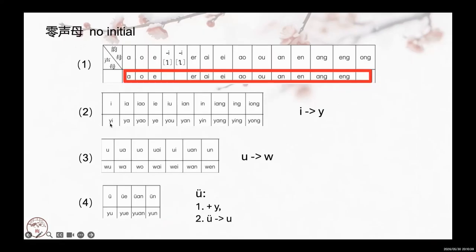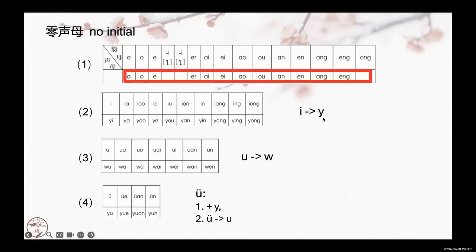But you don't see this initial anywhere in the consonant table, the 22 consonants table. You don't see them there. But why should we have this in the place of the initial?